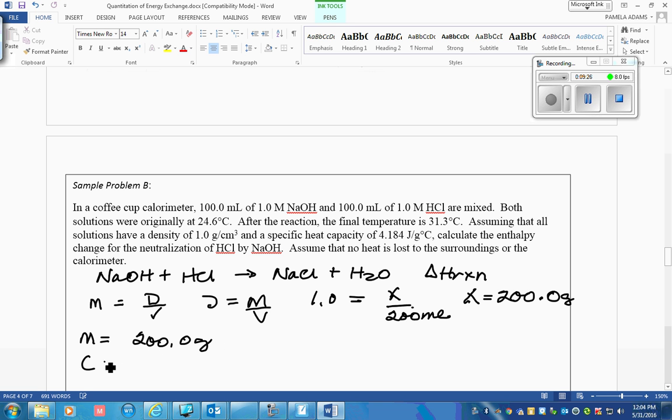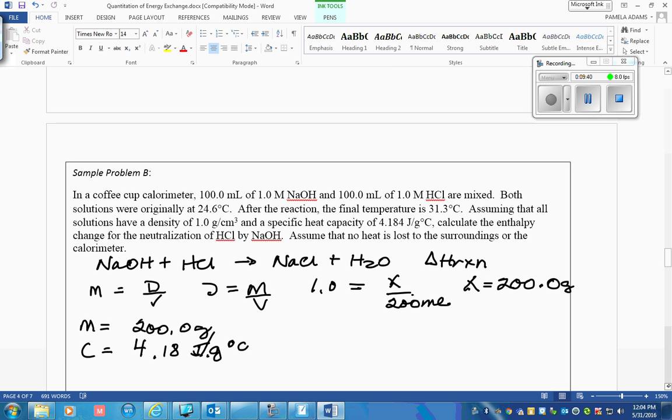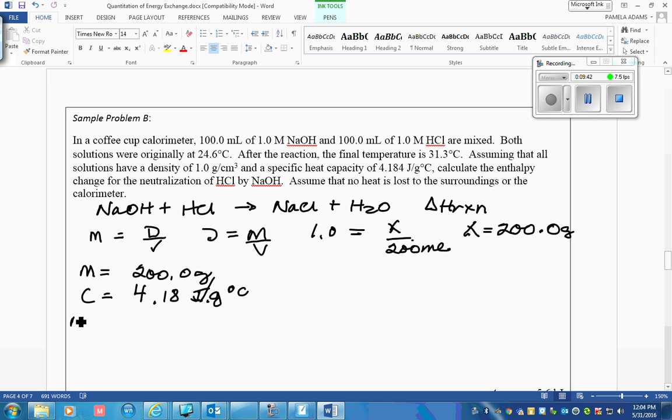The specific heat we will use for our solution is that of water, 4.18 joules per gram degrees C. And our change in temperature will be our final temperature, which is 31.3, minus our initial temperature, which is 24.6.